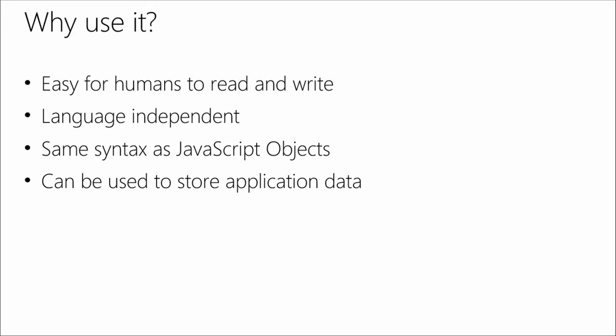Now, one thing worth highlighting here is that this has a lot of similarities to XML. We can use XML as well to send information back and forth and to write out to a file. And so some people might be wondering, why would I use this over XML? The main reason is that with XML, unfortunately, there's a lot of bloat to the file because you have all of the opening and closing tags.